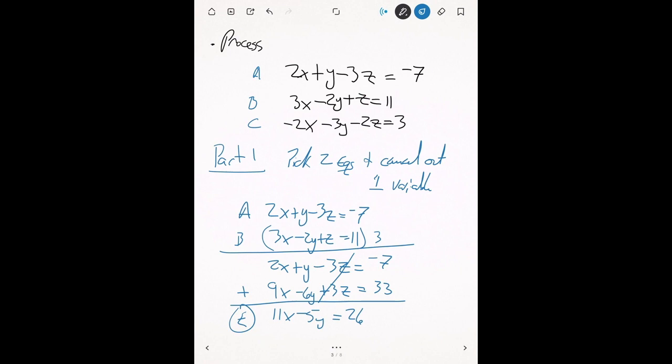Okay, stay with me. What we're going to do now is repeat this process, but we're going to do it a little differently. And hopefully, after the next step, you'll see why we're doing this. So, let's jump over to part 2.